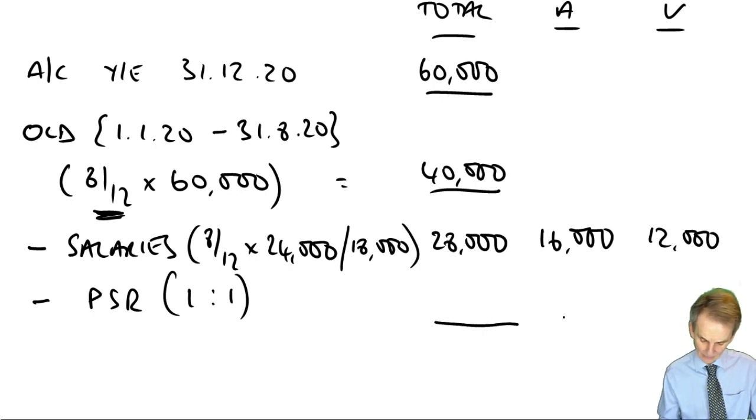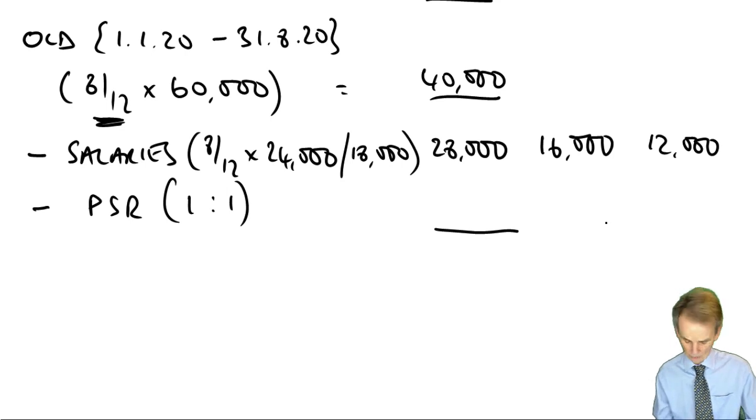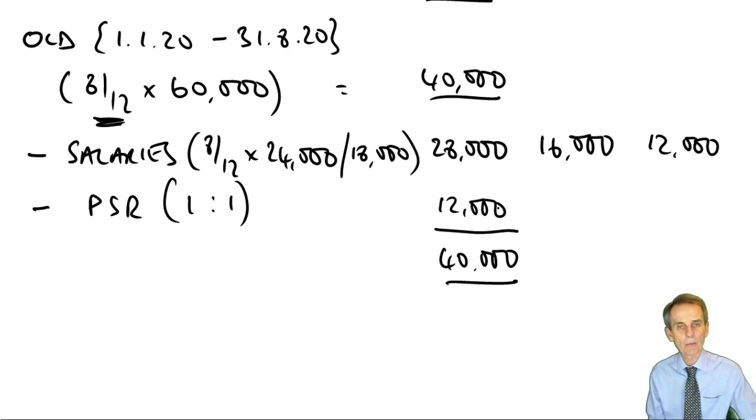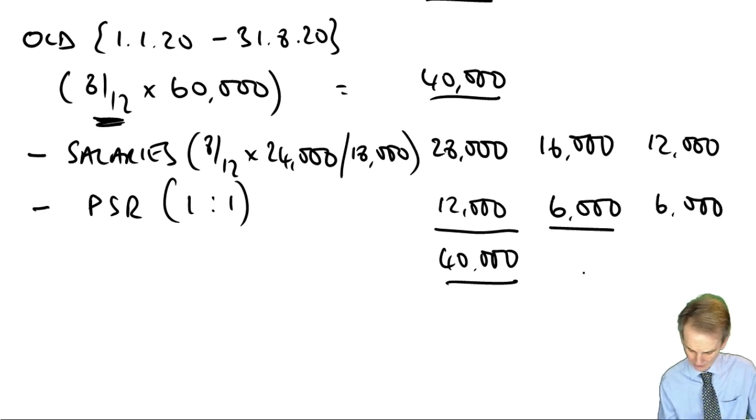The amount of profit for this first part of the accounting period under the old agreement totalled 40,000. We've dealt so far with 28,000, so a further 12,000 now needs to be split in that PSR of 1:1. That, of course, will be 6,000, 6,000.